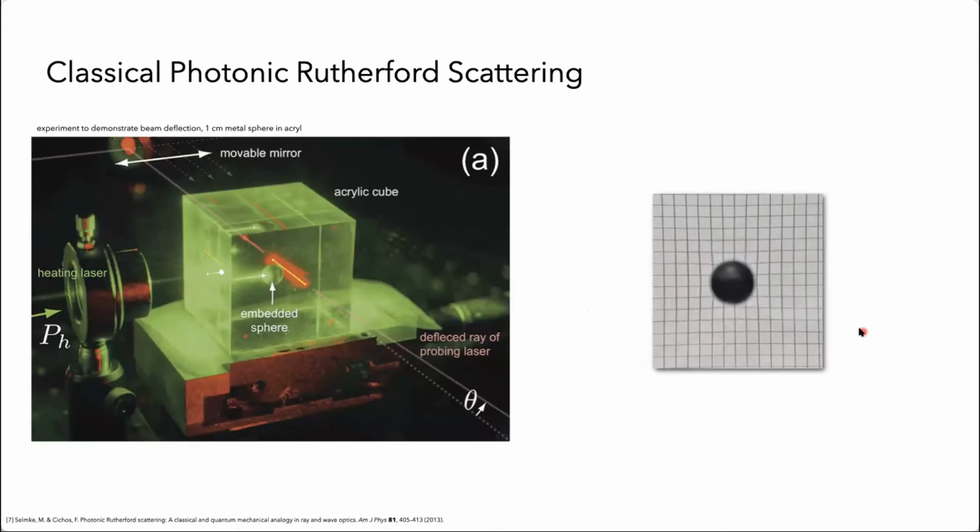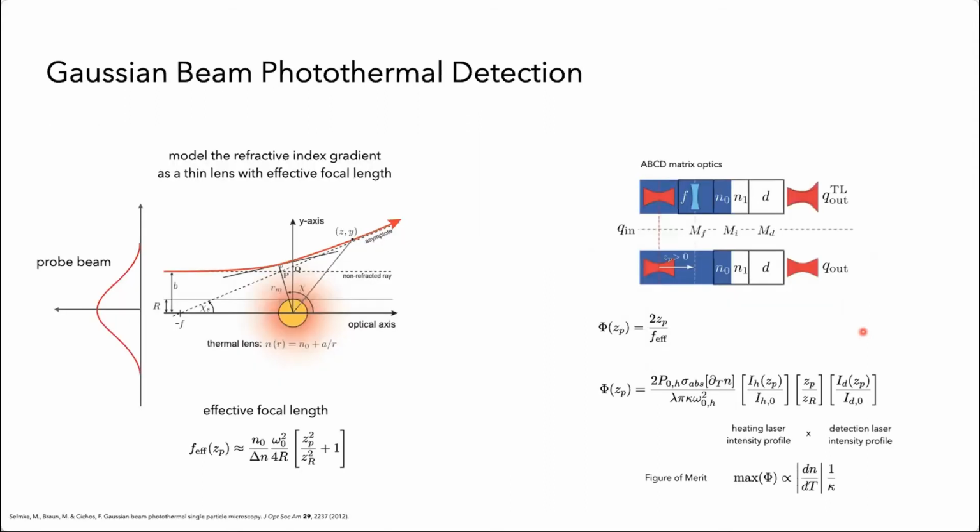Since I'm in a hurry, I will probably skip that part or just mention it shortly. The experiment I showed you brings you readily to the idea that you can treat everything in a simplified approach, which is essentially an ABCD matrix optics approach. You take a Gaussian beam, characterize it by the beam parameters, and represent your system as a kind of thermal lens.